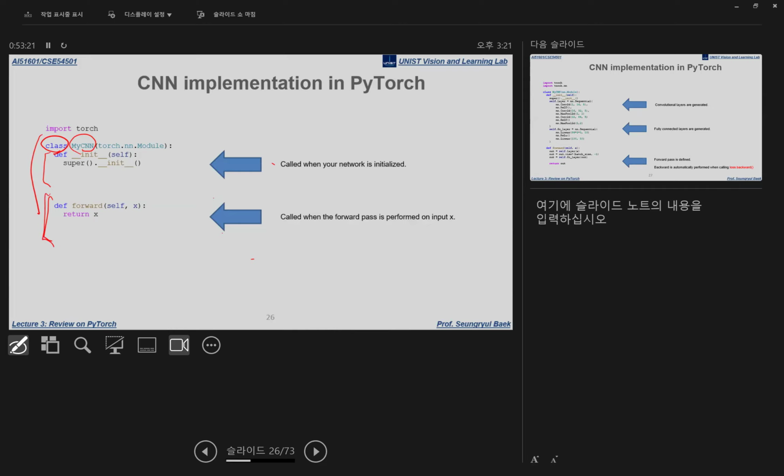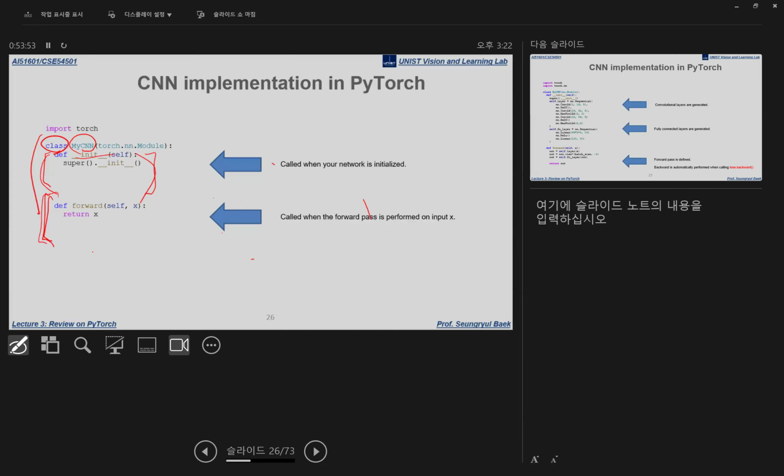Maybe you are already familiar with OOP, right? When implementing OOP, the constructor is executed once when initialized. This initializer operates the same as before in Python class grammar. It is executed once when the network is initialized.